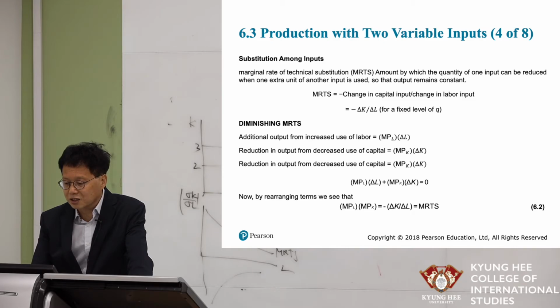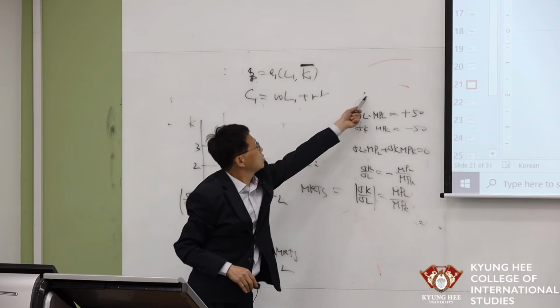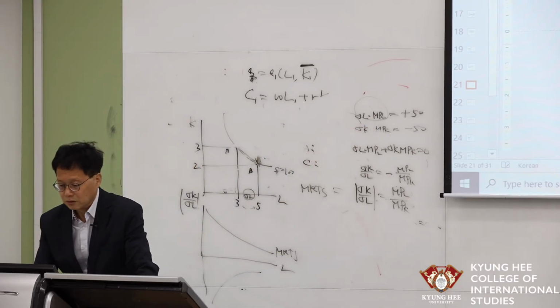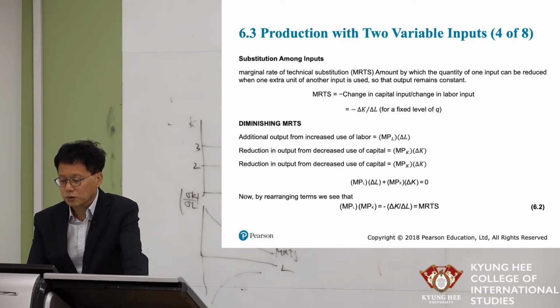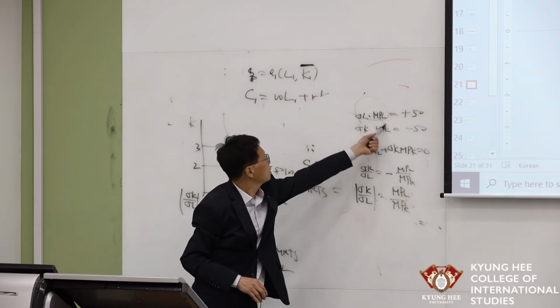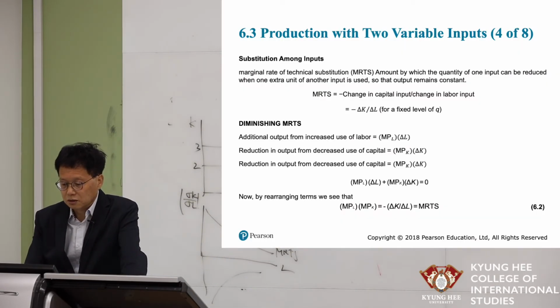Additional output from increased use of labor is MPL times change in L. Right? I already explained. And there is a reduction in output from decreased use of capital. That is the movement from C to B. That is MPK times change in K, that is equal to minus 50. So the reduction in output from decreased use of capital is this one.